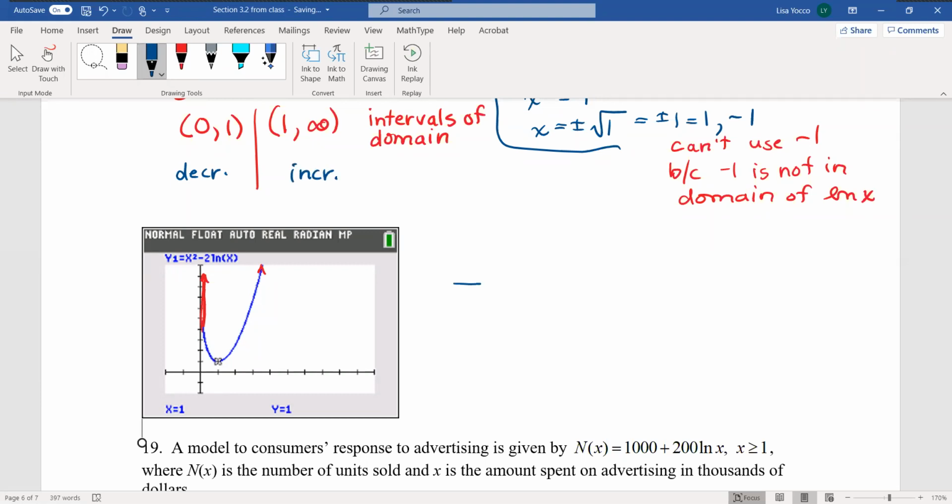The way we would tell that using calculus would be to get a test number in the domain, and then substitute the test number in the derivative, which was 2x minus 2 divided by x.